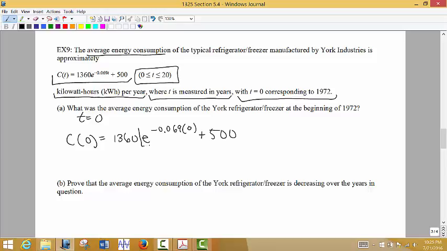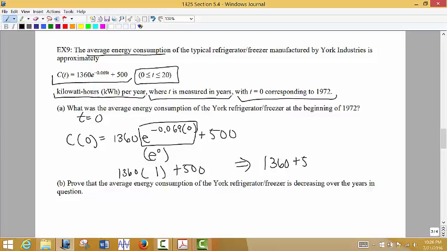Let's look at this part first. You could throw that in your calculator, but it's easier than that, because when we multiply any number by 0 we get e to the 0, and we know that e to the 0 is 1. So we have 1360 times 1, plus 500. 1360 times 1 is 1360, so all I have to do now is add 500.